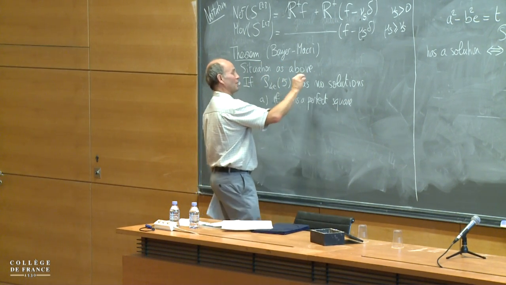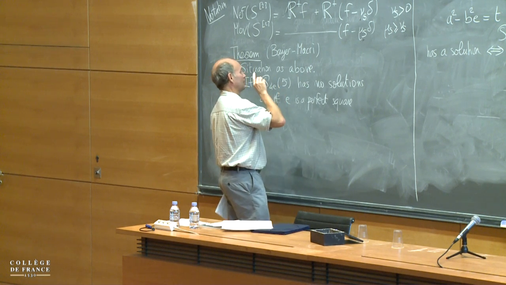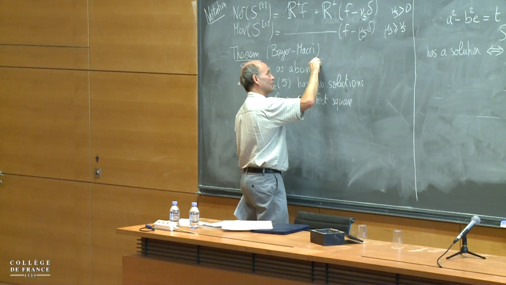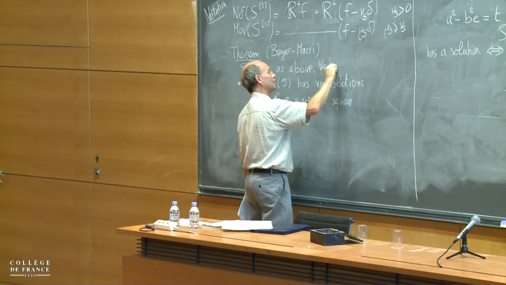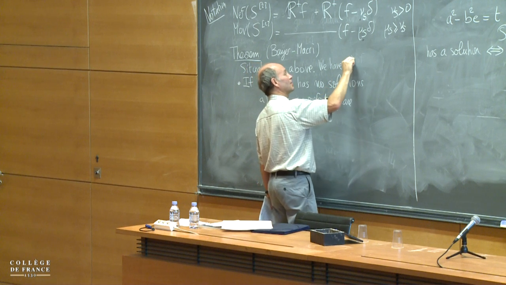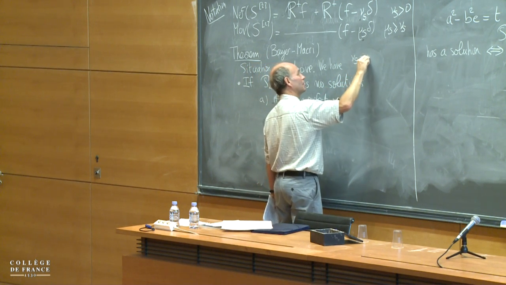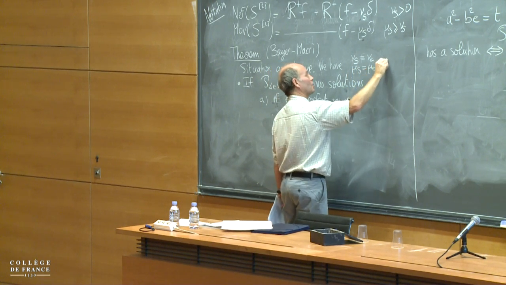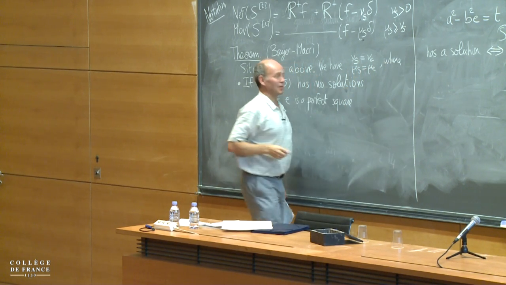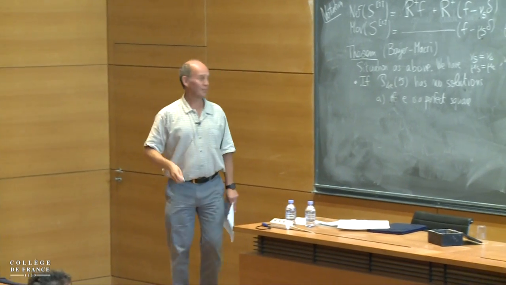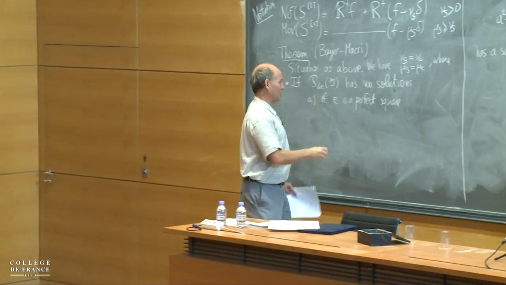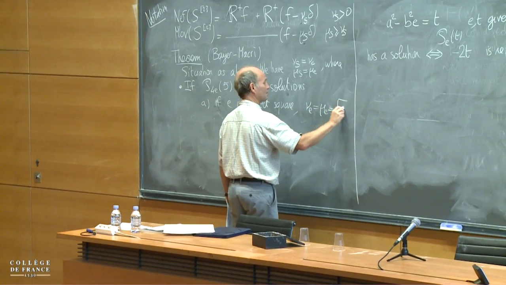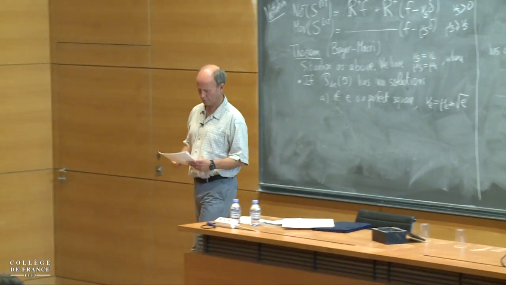So the theorem is that the numbers we have, nu_S and mu_S, only depend on e, where I'll define nu_e and mu_e in the theorem. If e is a perfect square, the two cones are equal, and the other slope is the square root of e.